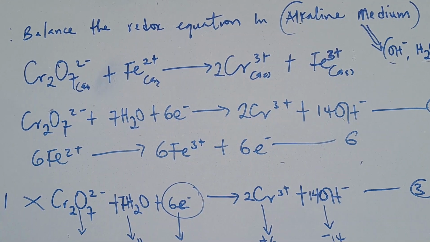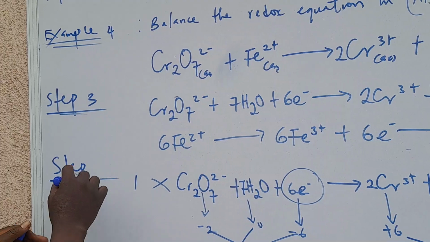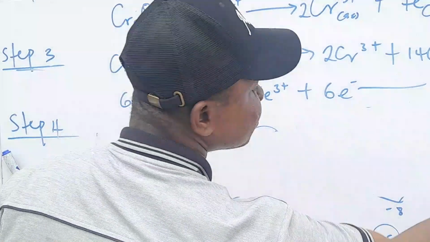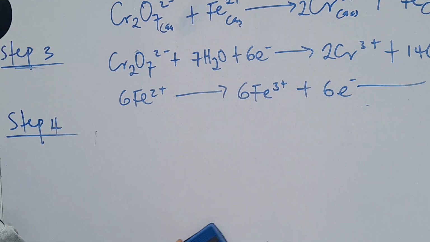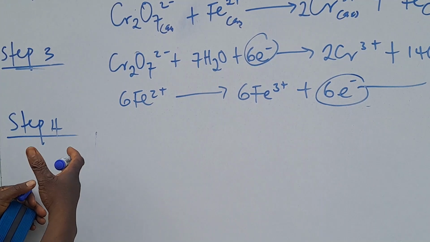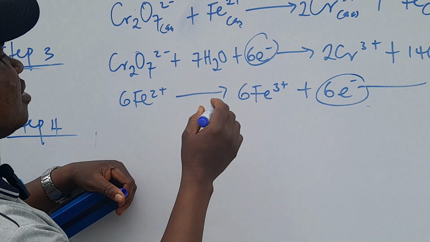Did you see that? So step 4 now. Step number 4, let us combine the two equations since the electrons are equal. So let's combine the half reactions, the reactants and the products.